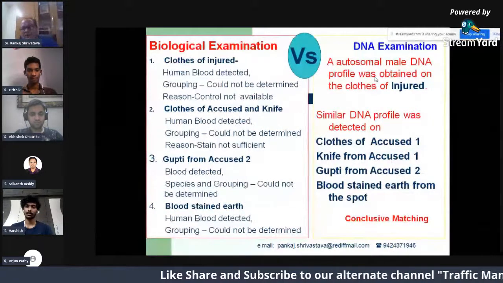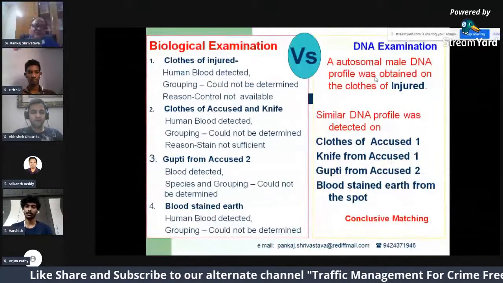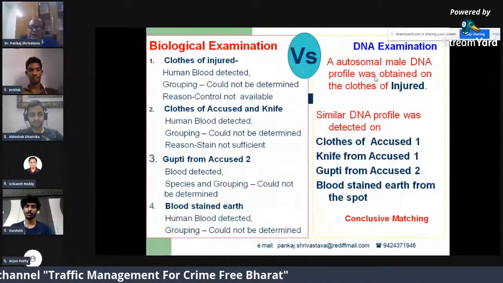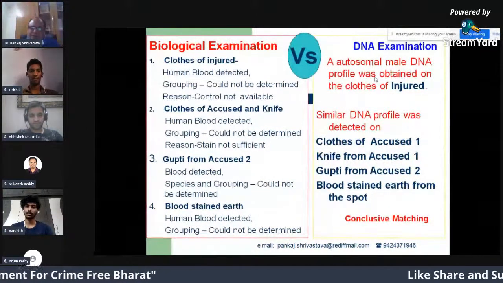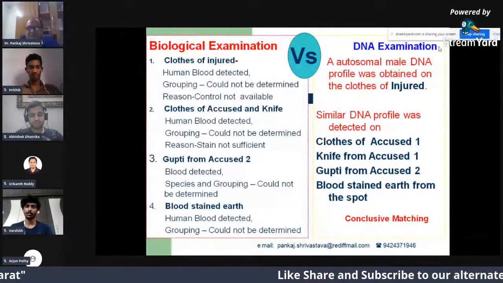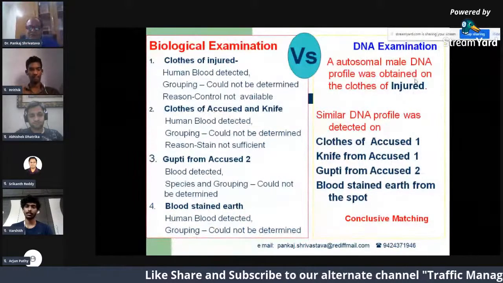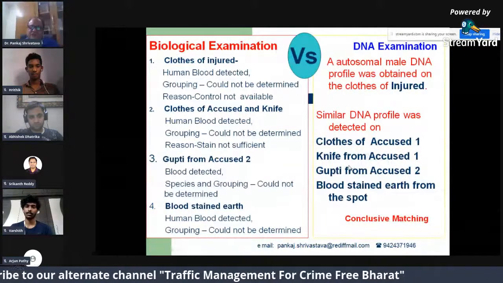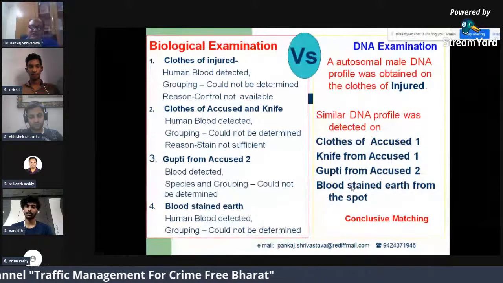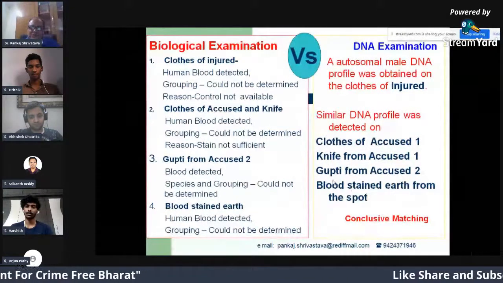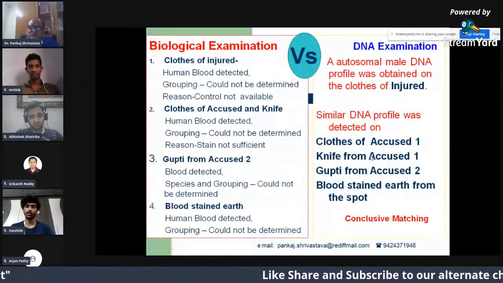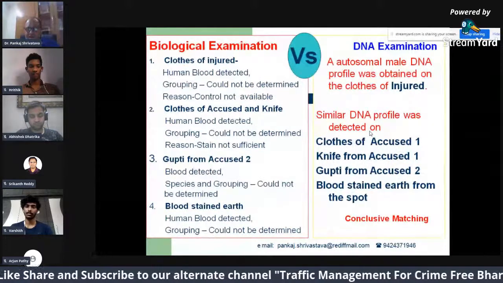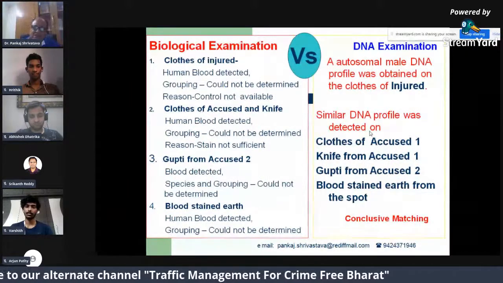And by doing DNA, whenever you say that this is a similar DNA profile, that means all the profiles are matching, and now you can say that presence of the biological material of this injured was observed on the clothes of accused, knife of accused, gupti of accused, and blood stained earth, which is a spot. Okay, so a spot is established. All the accused were linked by using this DNA testing in this particular case.